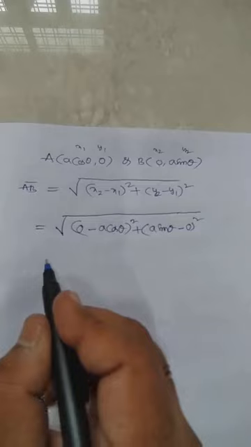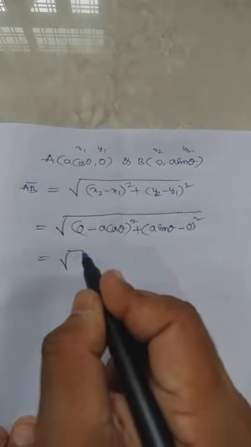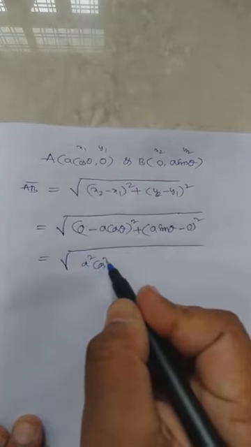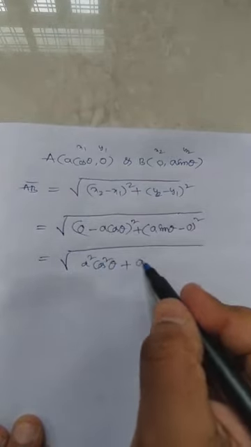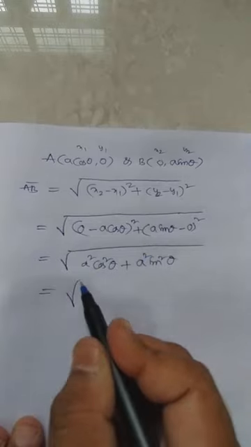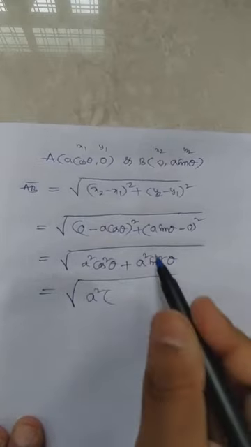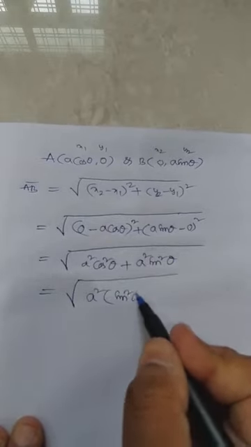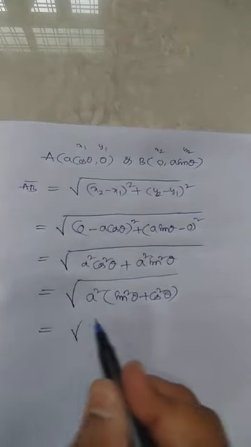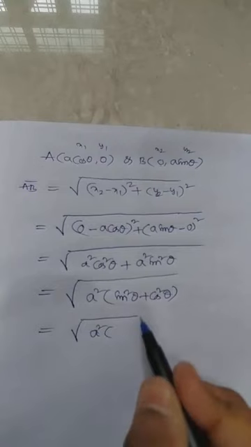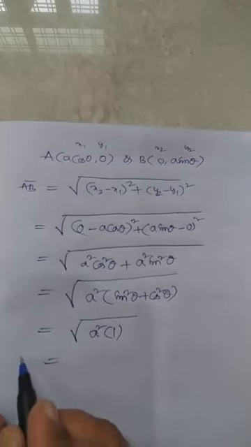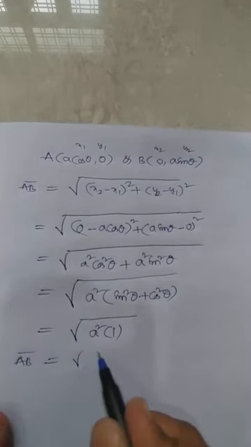So that is equal to under root of a square cos square theta plus a square sin square theta. So now it is under root of a square, the common term, into sin square theta plus cos square theta. Okay, so under root of a square into this value, which is 1. So AB bar is equal to under root a square.